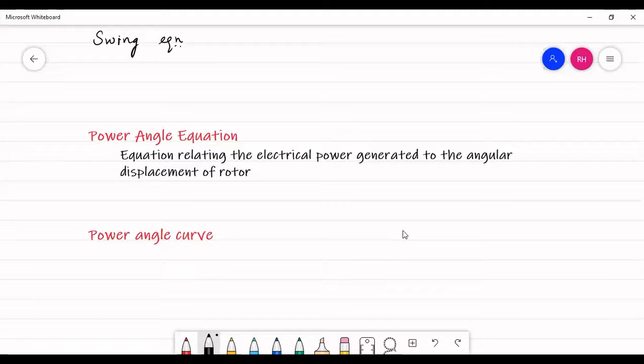So let me recollect. The swing equation is Pm minus Pe is equal to H by pi f d square delta by dt square. Here you have two power terms: one is the mechanical power and the other is the electrical power.